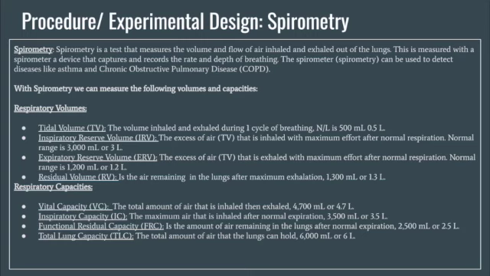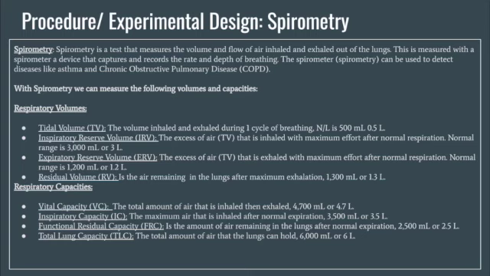Respiratory capacities. Vital capacity, or VC, is the total amount of air that is inhaled and exhaled, 4,700 milliliters or 4.7 liters. Inspiratory capacity, IC, the maximum air that is inhaled after a normal expiration, 3,500 milliliters or 3.5 liters.